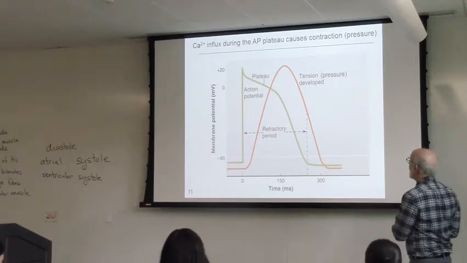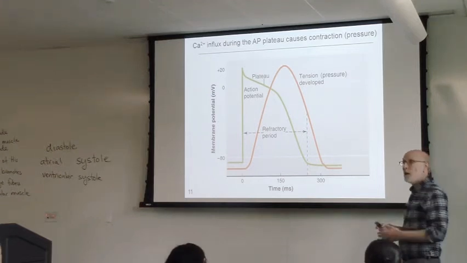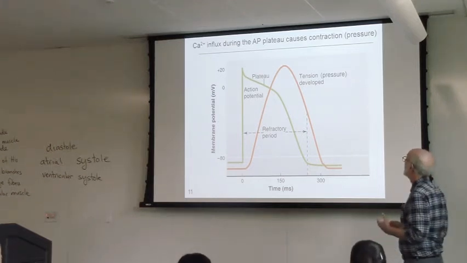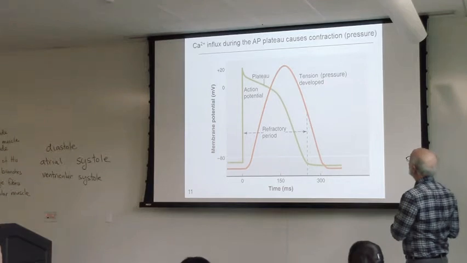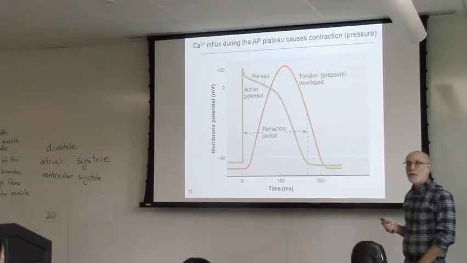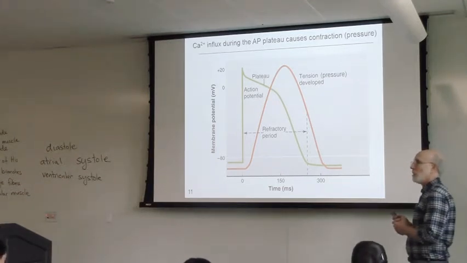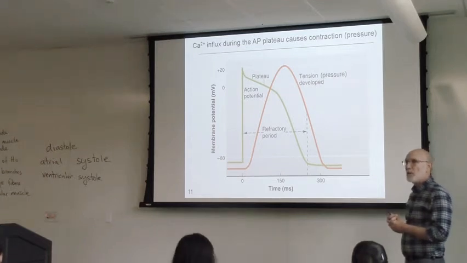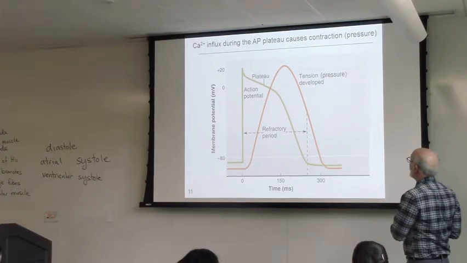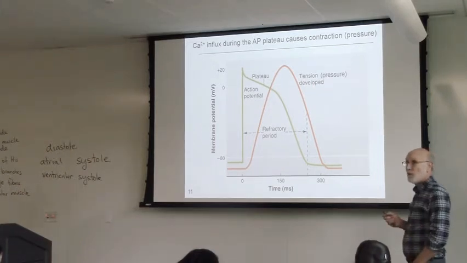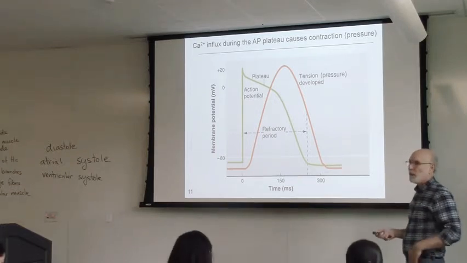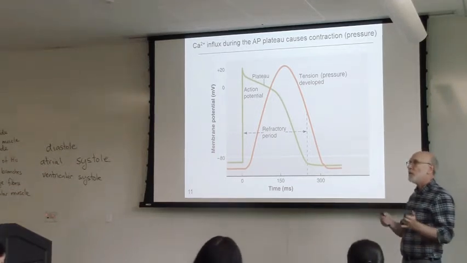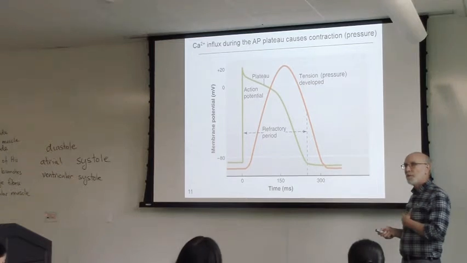calcium, contraction. So the red graph here is showing contraction. It calls it tension, but really in the heart we're calling it pressure, right? So contraction of the muscle cells getting smaller is what generates this wave of pressure in the atria or in the ventricles, depending on whether we're talking about atrial systole or ventricular systole.